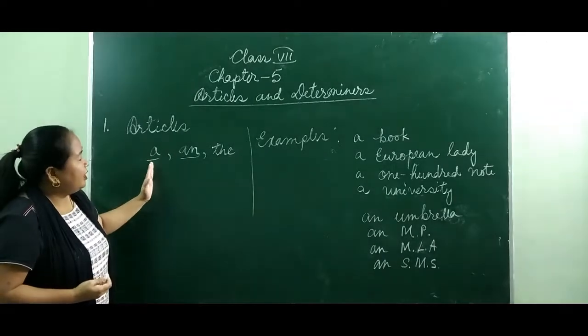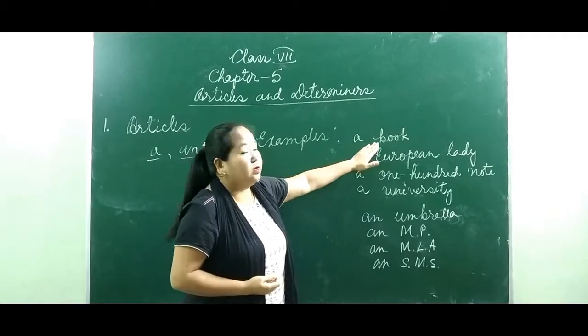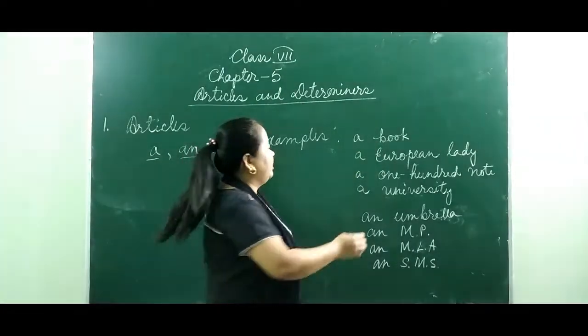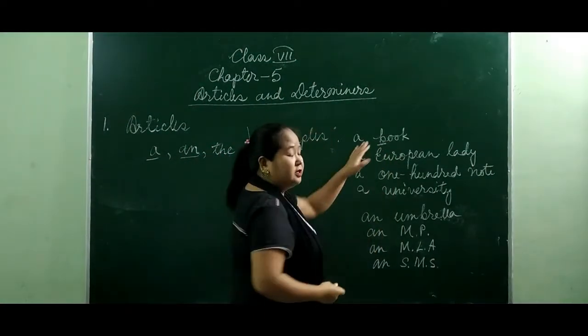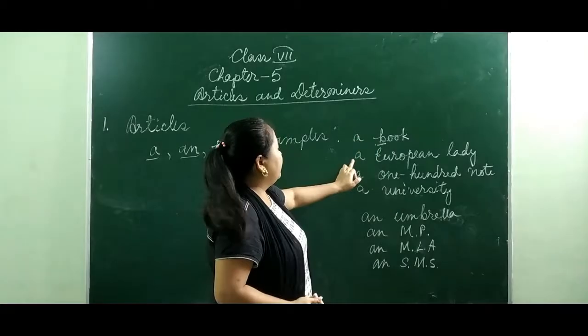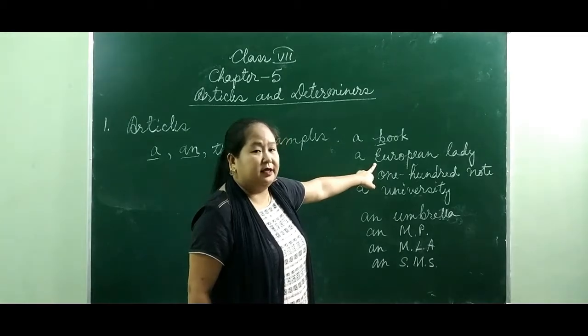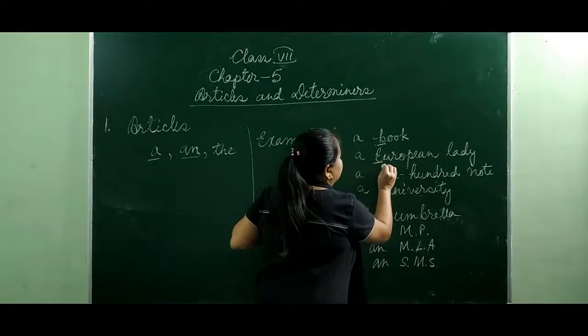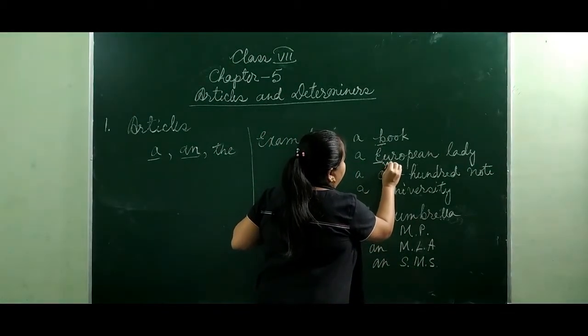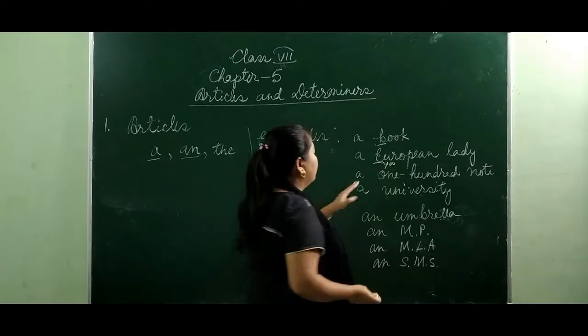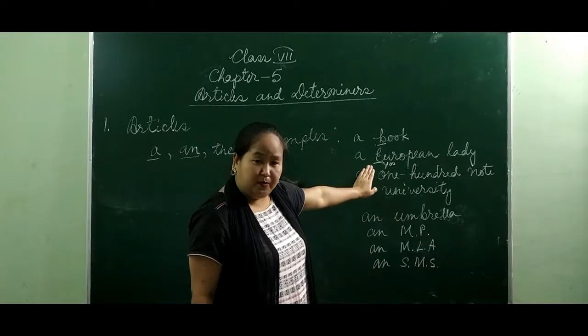Okay, and article a is used before a noun that starts with a consonant sound. Here B is a consonant sound, so a book. Here, a European lady. Here E is a vowel letter, but the sound is a Y sound. Okay, so it is a European lady.